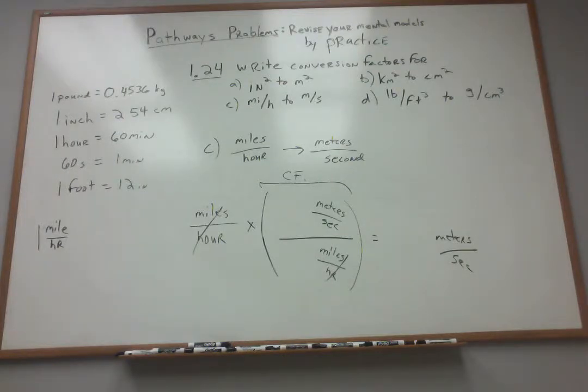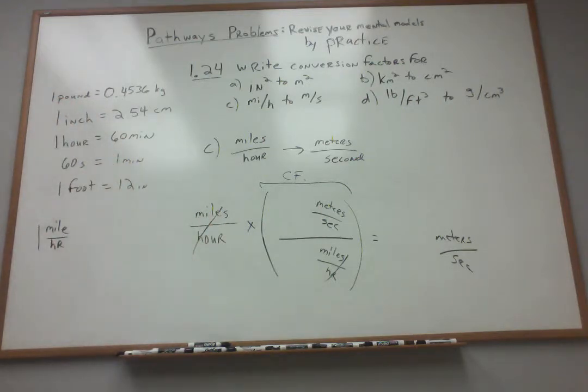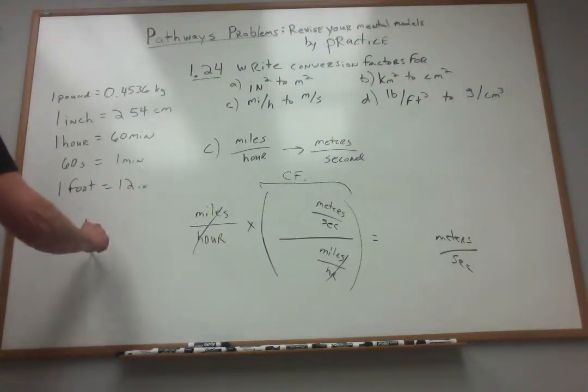Okay? Now the first thing I notice is that my time units are all messed up because I'm starting in hours and I want seconds. Right? So I'm going to have to do something about that. So the first thing I'm going to want to do here is to get rid of my hours units.